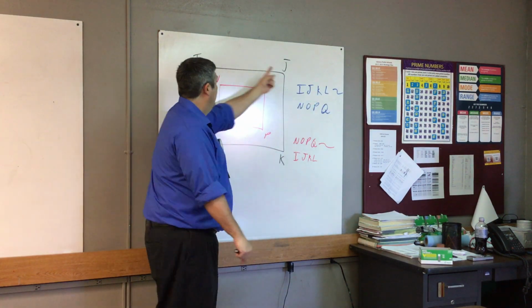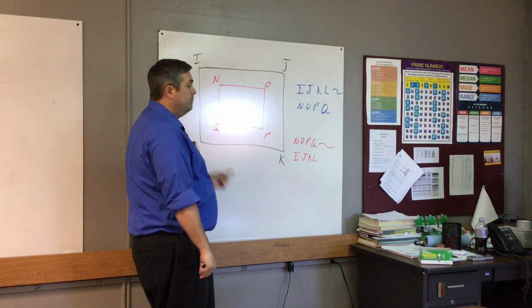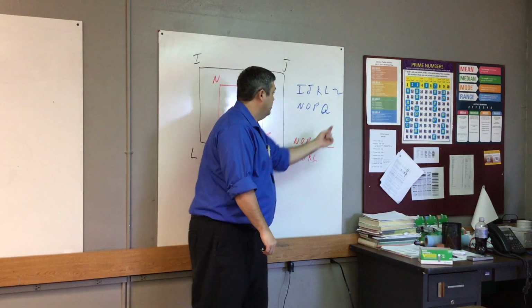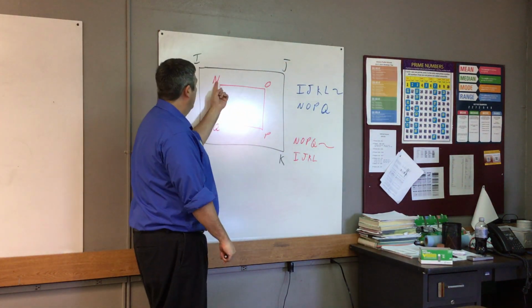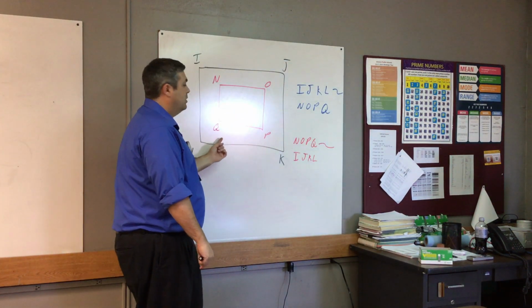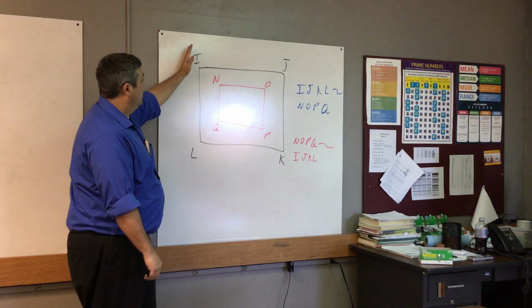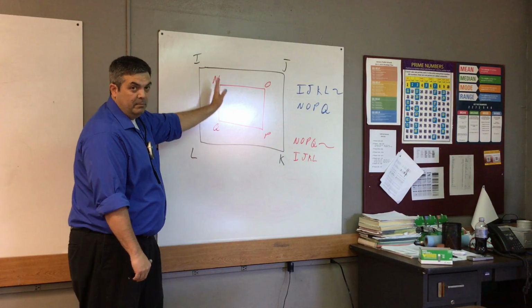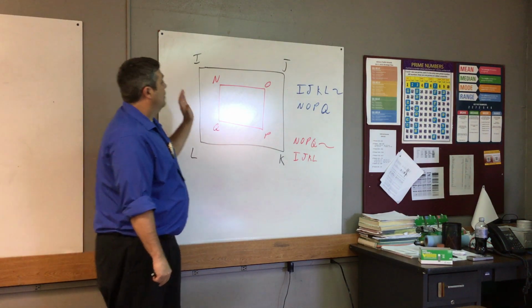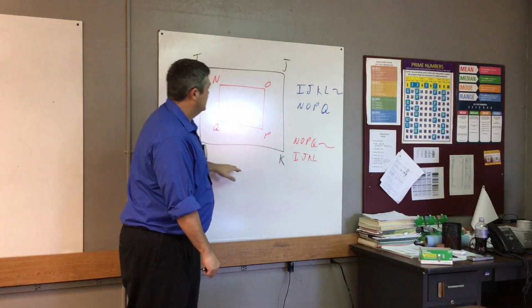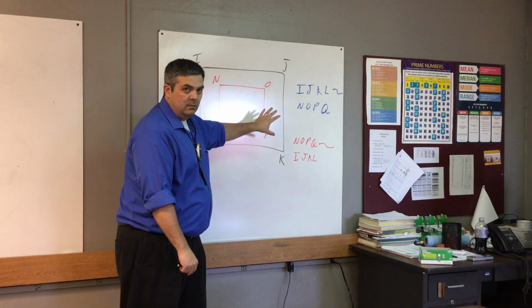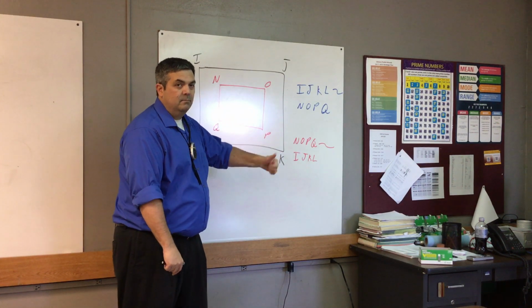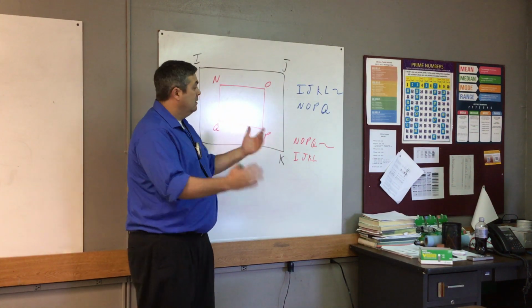IJKL, and then I listed NOPQ. I started here on the first one, so I started here on the second one. That's really important. If you don't do that, you're going to mess it up. So this box is similar to this box. Same shape, not necessarily the same size. That's all I've done here.